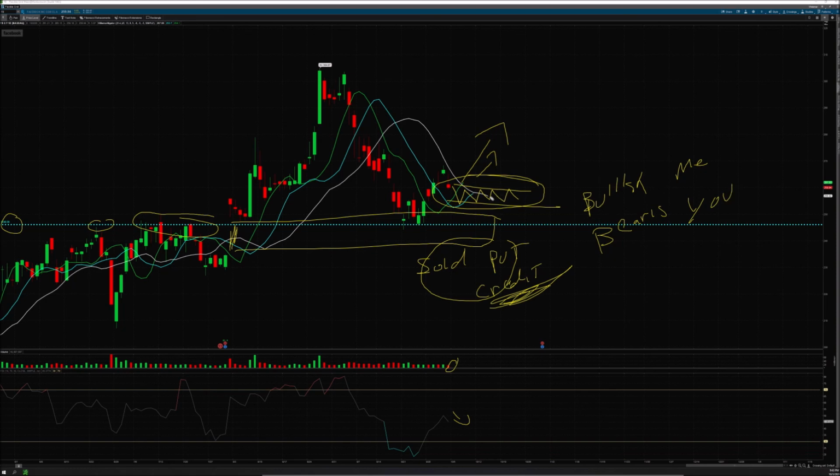Let's assume that if Facebook trades sideways, let's say I sold you the put for $1. You lose money, because if Facebook goes sideways, your put will decay.